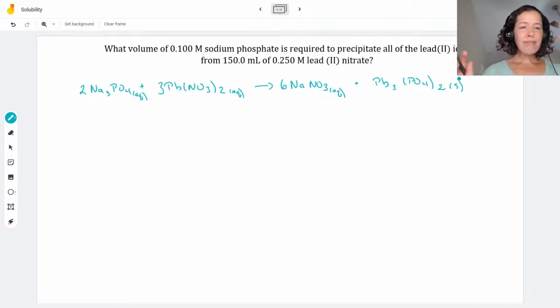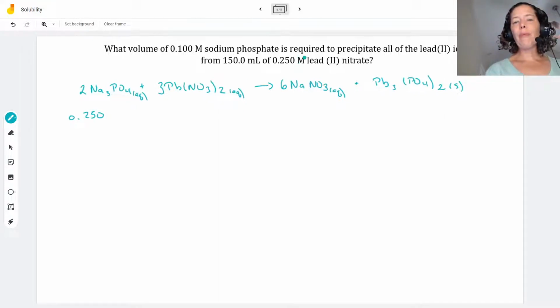Okay. So the first thing that I want to know is how many moles of lead-2 nitrate I actually have, because I've got a volume and I've got a concentration, so I can get my moles of that. Okay, so I have a concentration of 0.250.